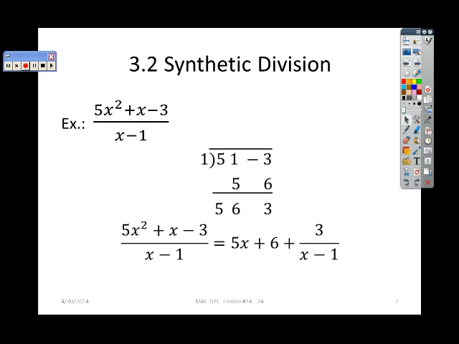Since that's 1, this would just be the constant term. This last term is the numerator of a fraction. That's your remainder part, and the remainder in a polynomial division is always a fraction. The fraction is made up by taking that number and dividing it by this x minus 1.